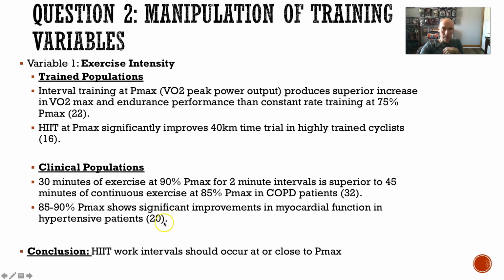So they recommend for clinical populations staying below 100% and going more like 85 to 90% of the Pmax. Okay, so keeping them slightly under their maximal level of exertion is going to be recommended for the clinical populations. Okay, so the conclusion is the work interval should be at or close to the level that is identified as the Pmax, or that means the power output at one's VO2 max.